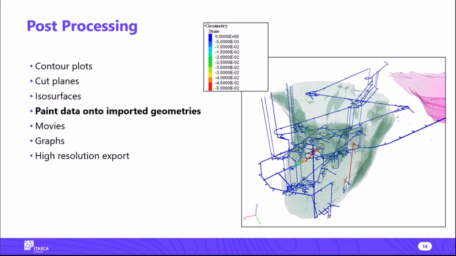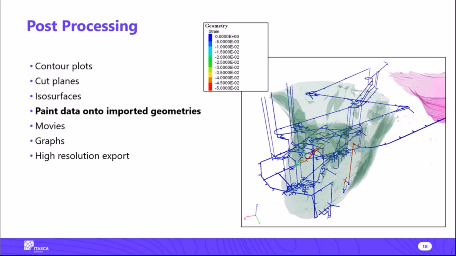So what you can do is solve your model and then import these geometries and paint information on top of them. So in this example, we're importing these tunnels and painting the strain on there. And you can see some of these areas are in red, where you might be expecting a lot of movement or deformation on these tunnels. And this is where you might want to worry about your support systems.